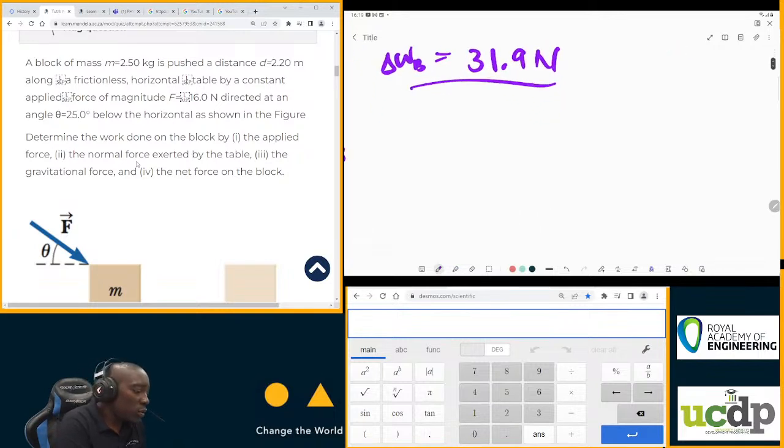And for part 2, the work done on the block by the normal force exerted by the table. So the normal force will be the reaction force.